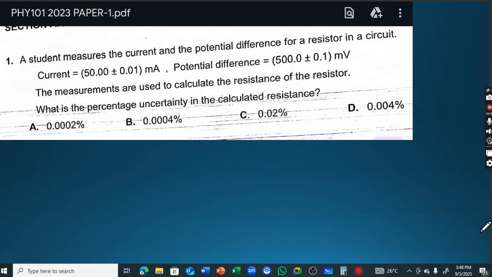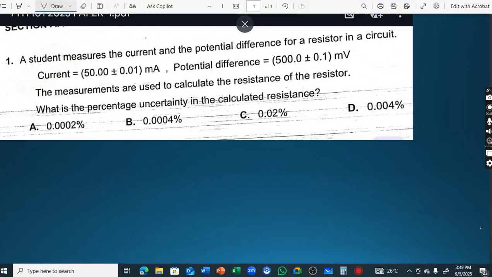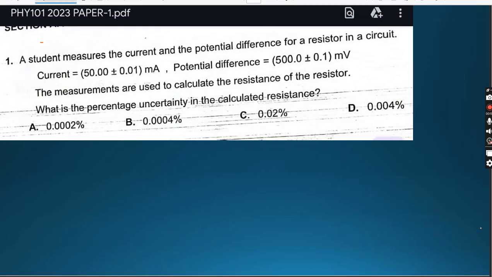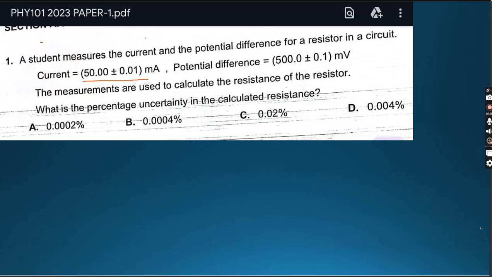As you can see in this question, we have been given this as the current and this as our potential difference, which is commonly known as the voltage. The question is to find the percentage uncertainty in the calculated resistance.